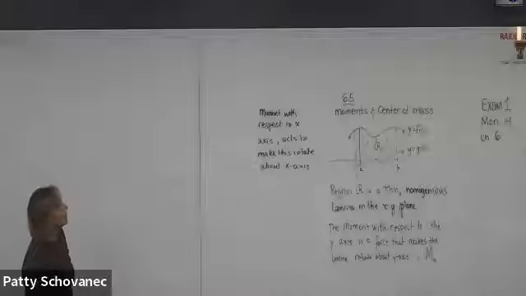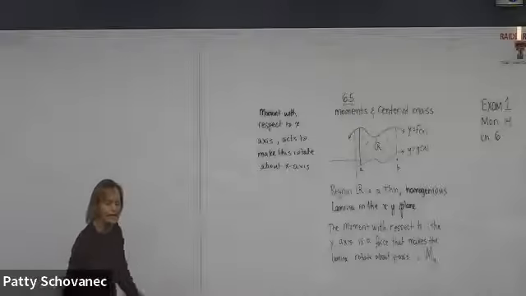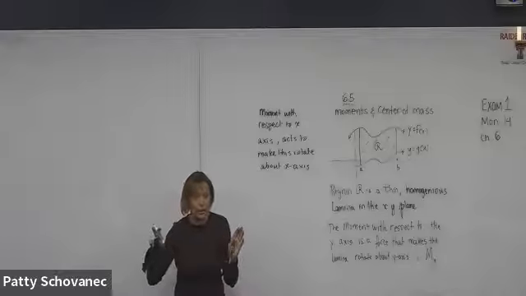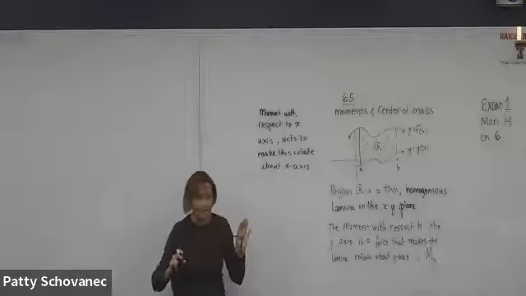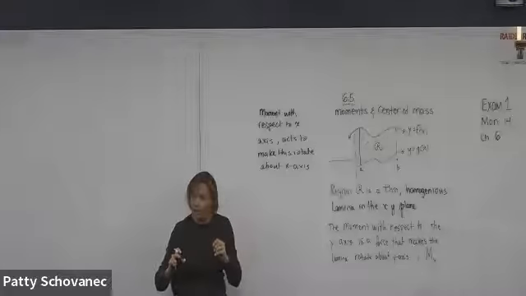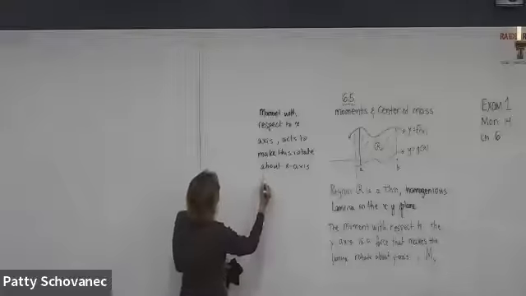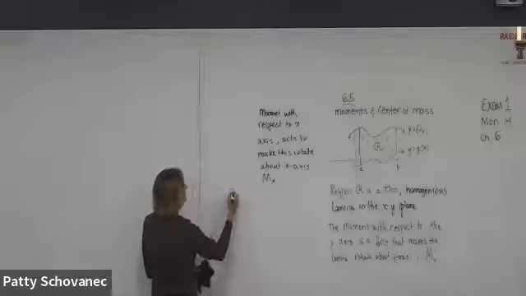There's a point in this lamina at which all of the moments cancel each other out, and it's essentially a balance point. It doesn't swing in any direction, not tilting about the x-axis, not tilting about the y-axis. That single point in this region at which all the moments cancel each other out is called the center of mass. So the moment with respect to the x-axis can look like this, M_x.